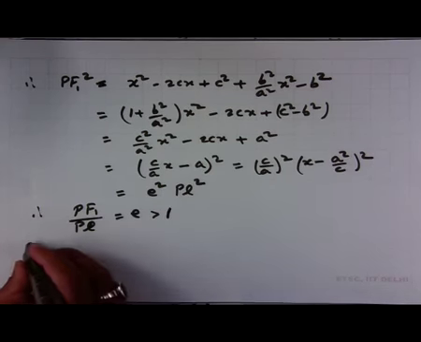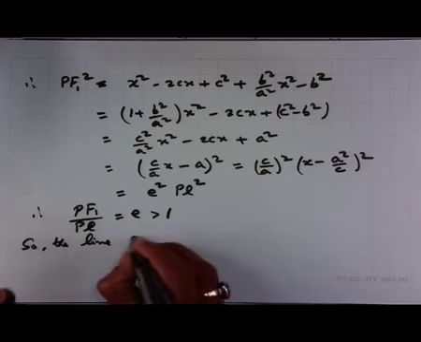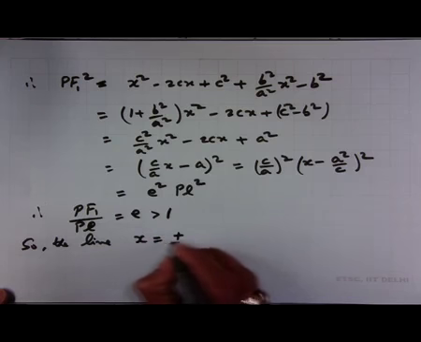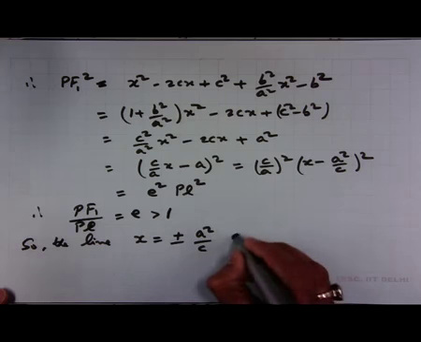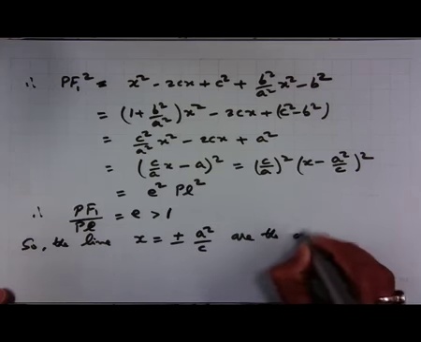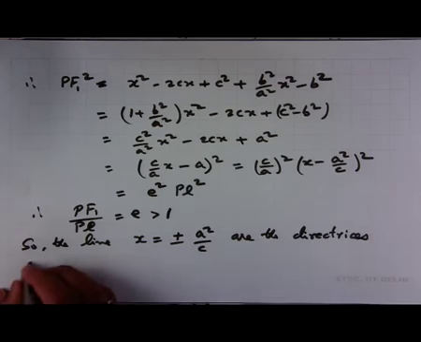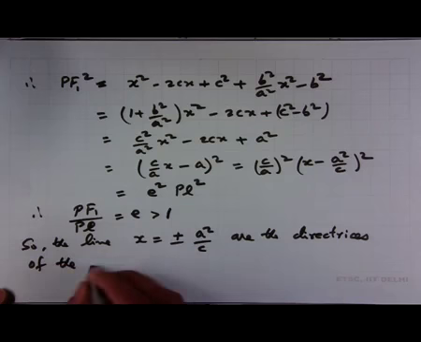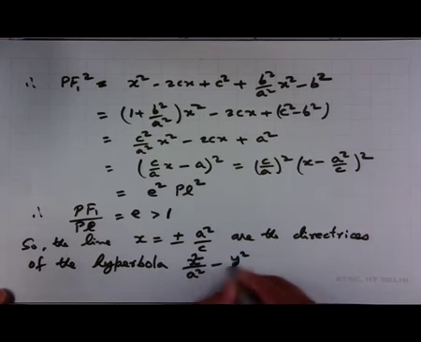So, the lines x equal to plus minus a square by c are the directrices of the hyperbola x square by a square minus y square by b square equal to 1.